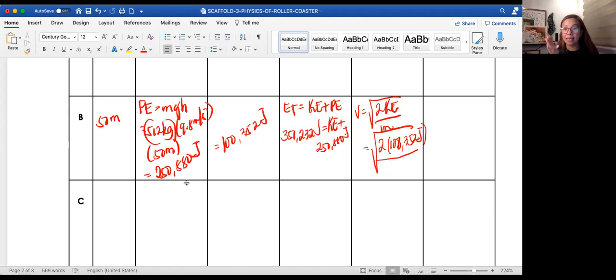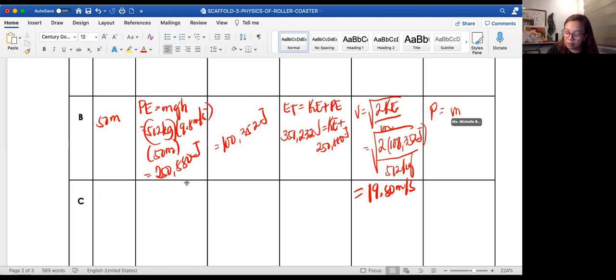Our velocity here, which I calculated in advance, is equal to 19.80 meters per second.